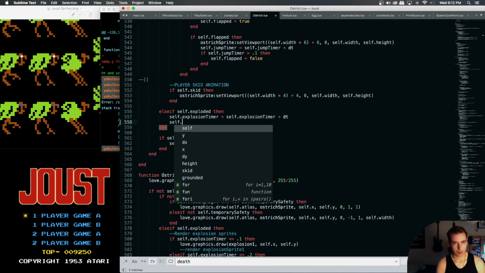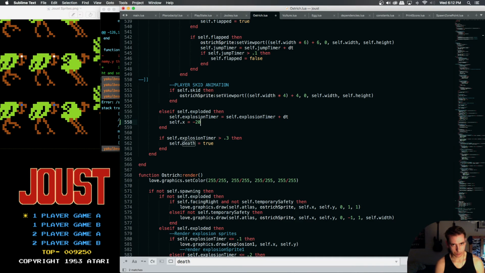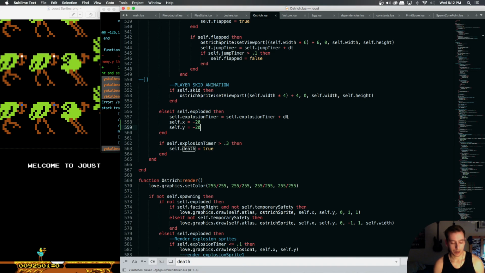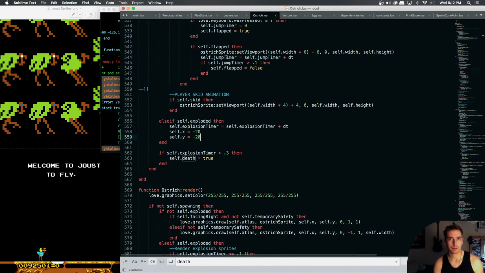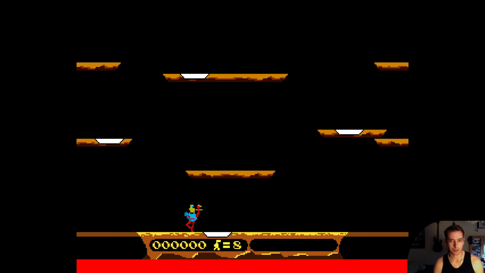So if we're exploded and we move our X to the graveyard real quick for the 0.3 seconds that we're dead, move our ostrich's body to the graveyard, then maybe we won't be able to kill and be killed.